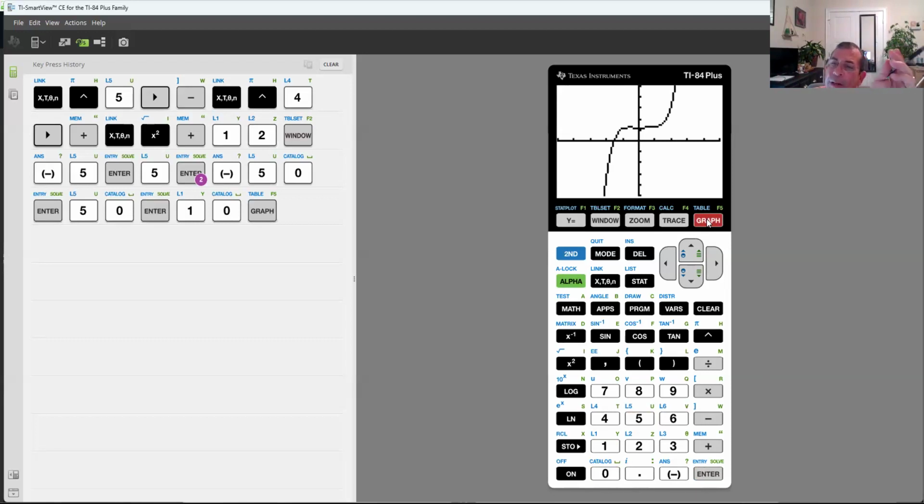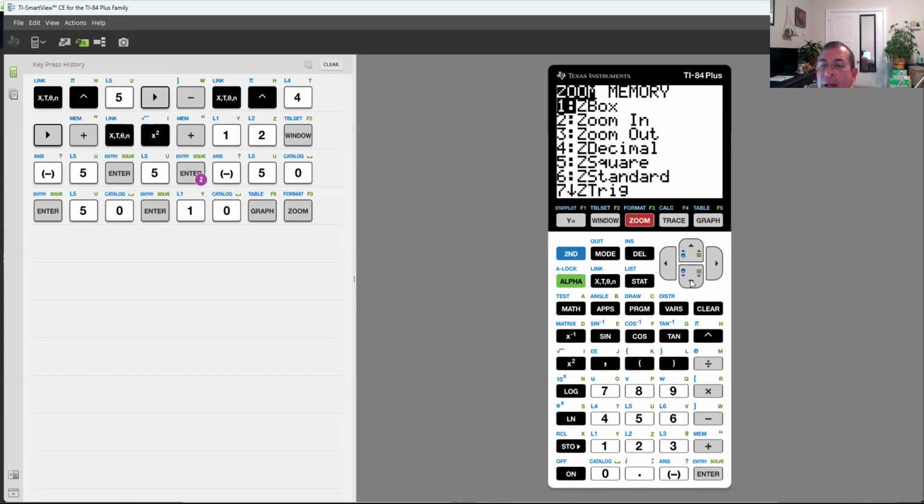Now, let me show you this. Say you want to set your graph back to a 10 by 10 window, and you don't want to have to go back to the window and reset everything negative 10 and 10. If you want to set it back to a 10 by 10 graph, you hit zoom, and then you go down to number 6 that says standard.